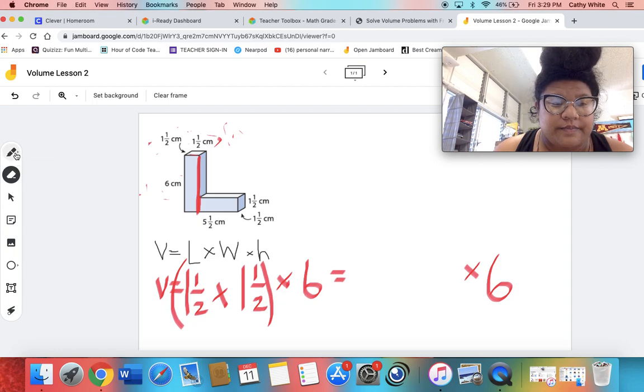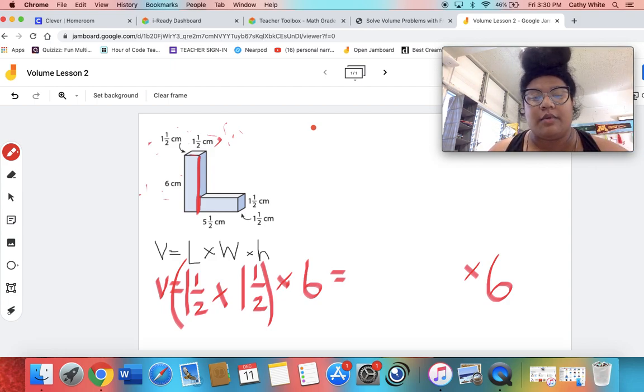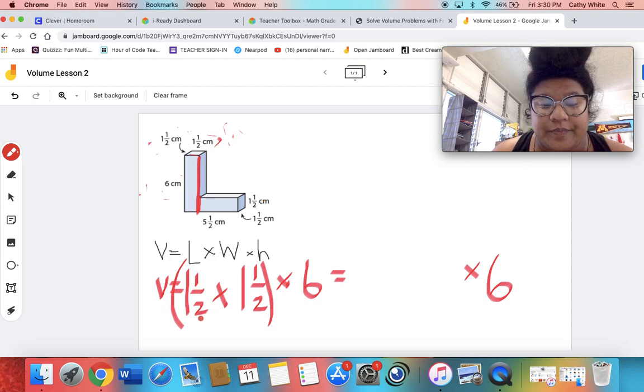Okay, let's get started. Remember, we can change our mixed numbers into improper fractions, and that's what I'm going to do here. Denominators are going to stay the same, and we're working with multiplication here.